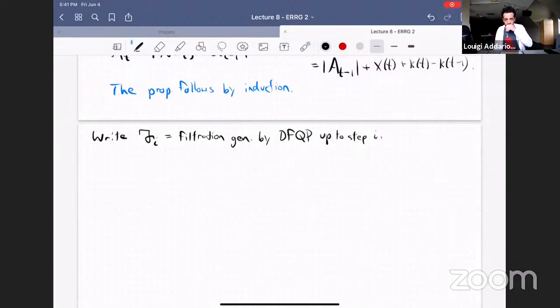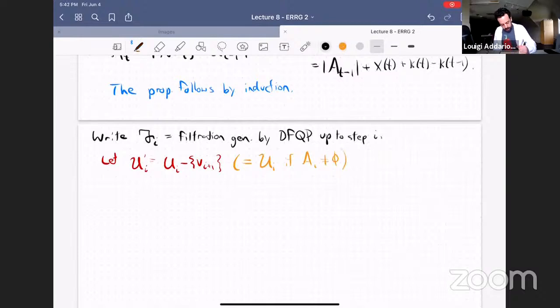And let me also write, so I need one more definition. I'll write U_i' for U_i minus V_{i+1}. Okay, so this, again, is the same as U_i if A_i is not empty, but it's different otherwise.